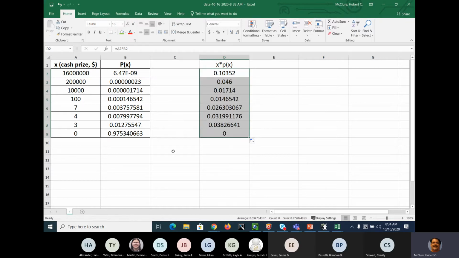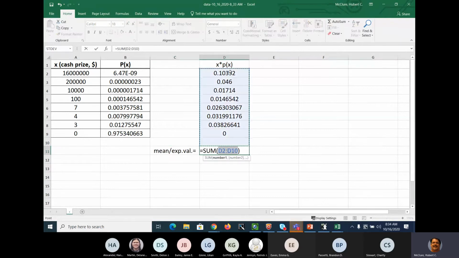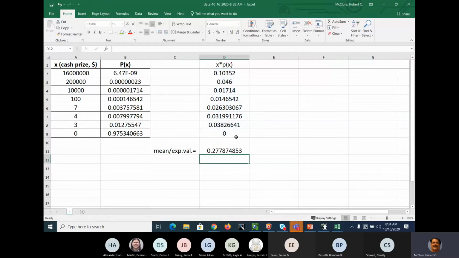And I'm going to add those together, and that's going to be my mean, expected value. Okay, so your expected profit for each dollar you spend is 28 cents. So that basically is telling you that every dollar you spend, you're going to end up losing probably, because you only got a 28% chance in winning.